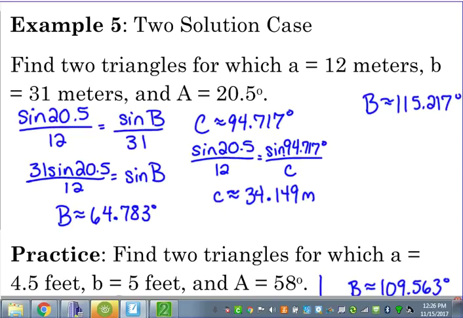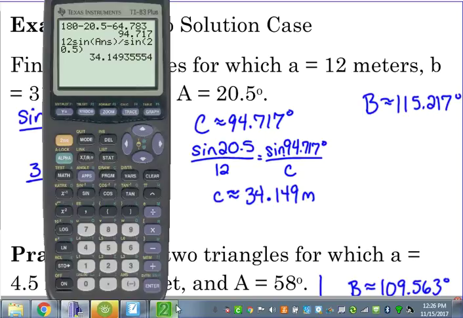If B were the obtuse angle, then angle C would be 44.